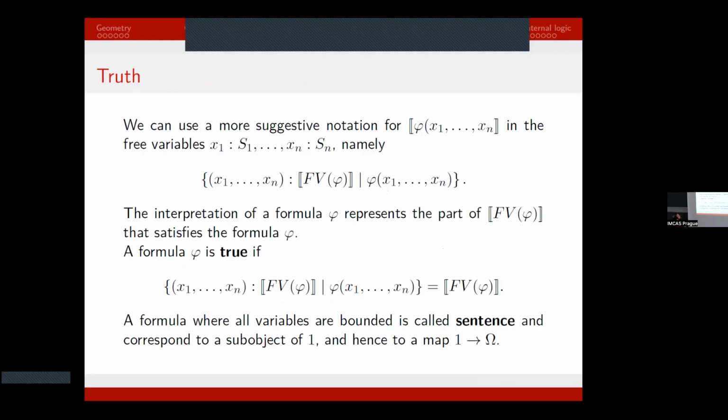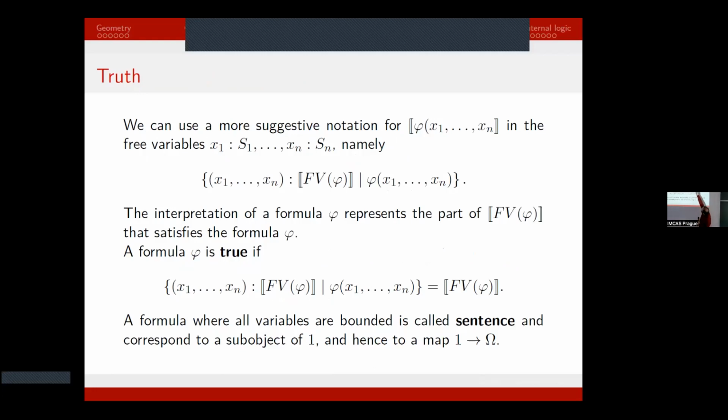Okay, this was necessary. And now back to the interesting part. So we said that we interpret formulas as sub-objects of the interpretation of the free variables. Thanks to this idea, we can use this notation instead.